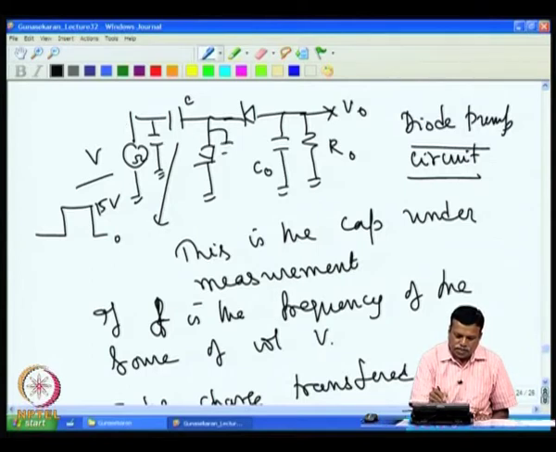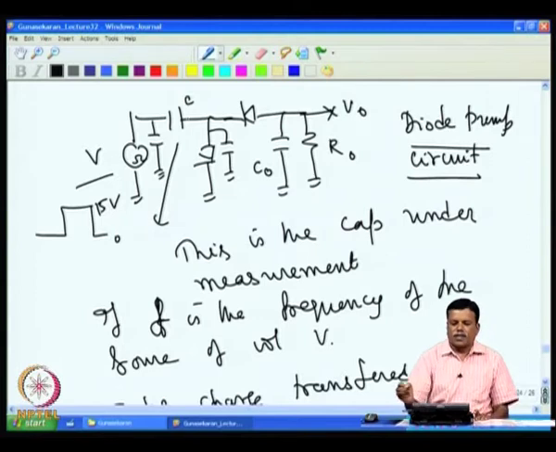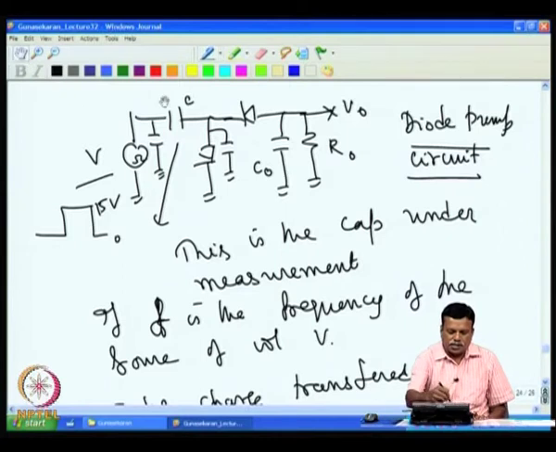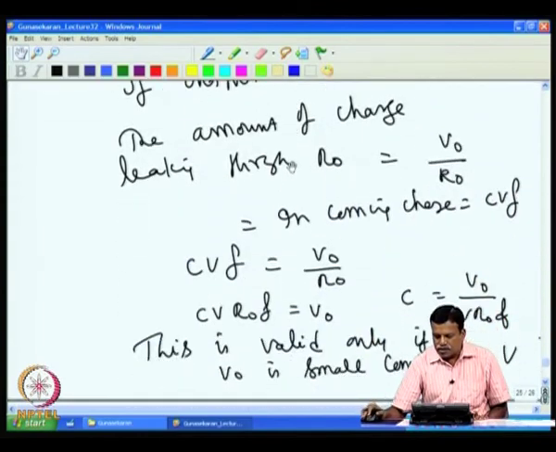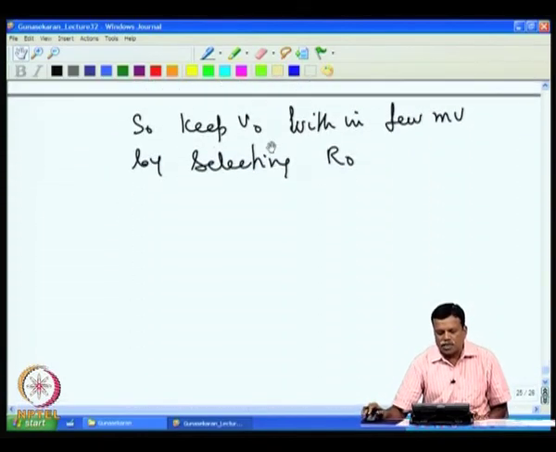The capacitor under measurement may have capacitance on both sides to ground, and these contribute little to the output, because when the diode is conducting, this capacitor is discharged and this one gets charged along with it, and when it goes to 0, this also discharges. So, it is not very accurate, but nevertheless it is okay for the purpose of 1 or 2% accuracy.